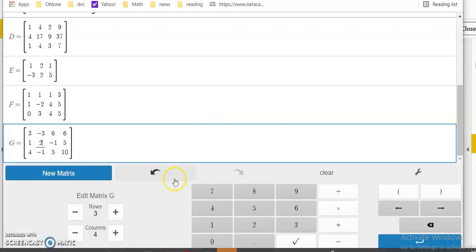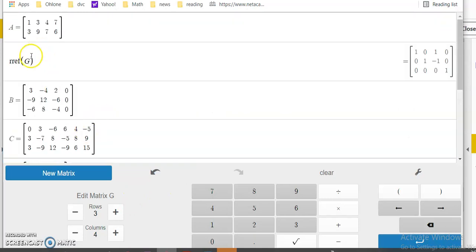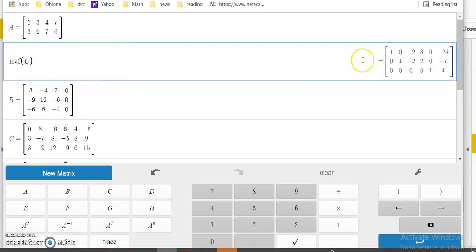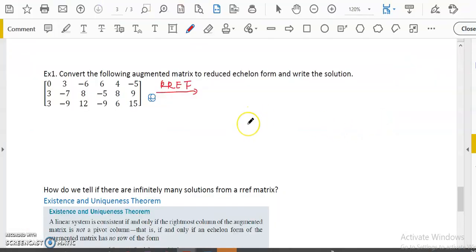Yeah, okay. So this would be C. So I say RREF of C. This is the answer. Oh, gosh. It's really long. So I have to write it down. 1, 0, negative 2, 3, 0, negative 24. 0, 1, negative 2, 2, 0, negative 7. 0, 0, 0, 0, 1, 4.